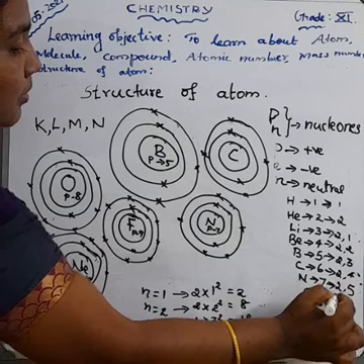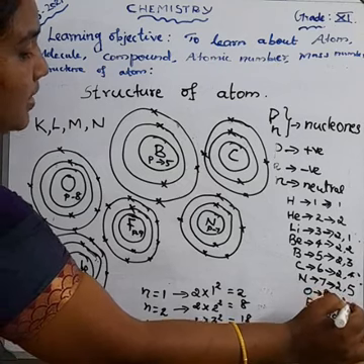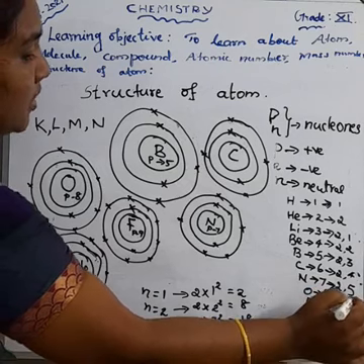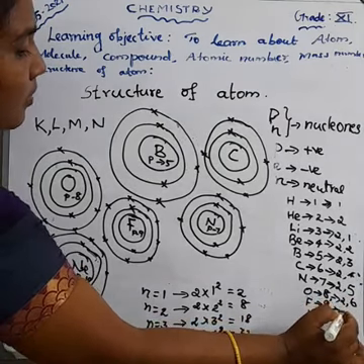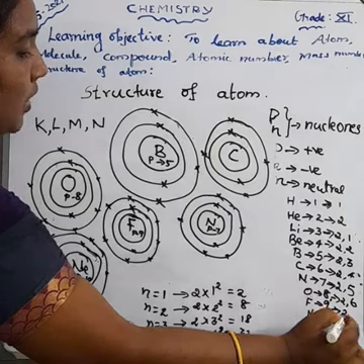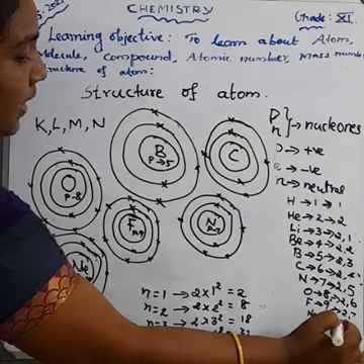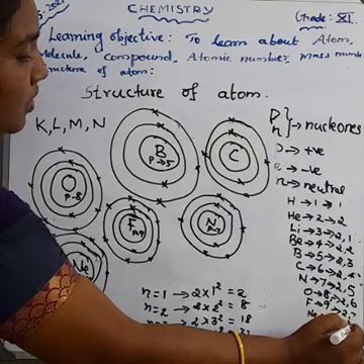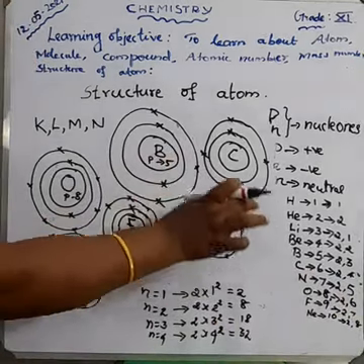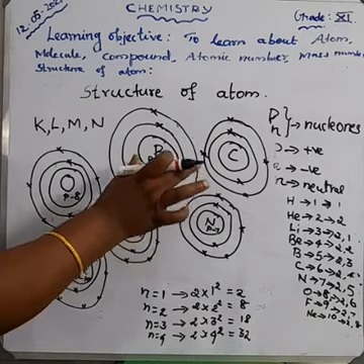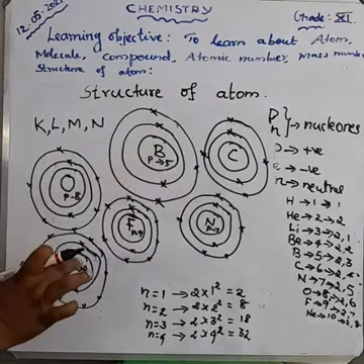And oxygen, atomic number 8, so 8 electrons: first orbit 2, second orbit 6. And fluorine, atomic number 9, so 9 electrons: first orbit 2, second orbit 7. And neon: first orbit 2 electrons, second orbit 8 electrons. Okay, these are the electrons occupied in a shell. Okay, clear?